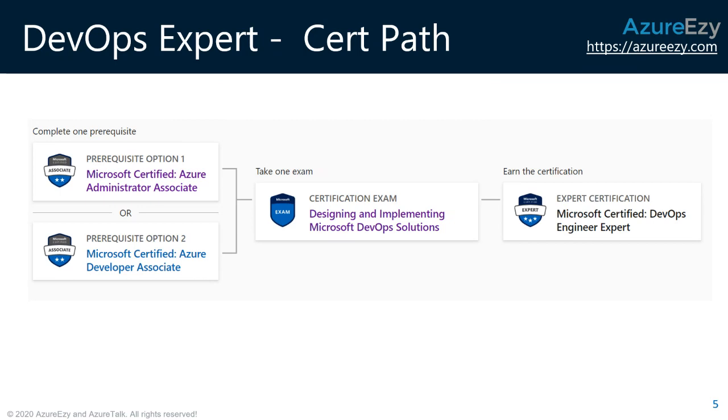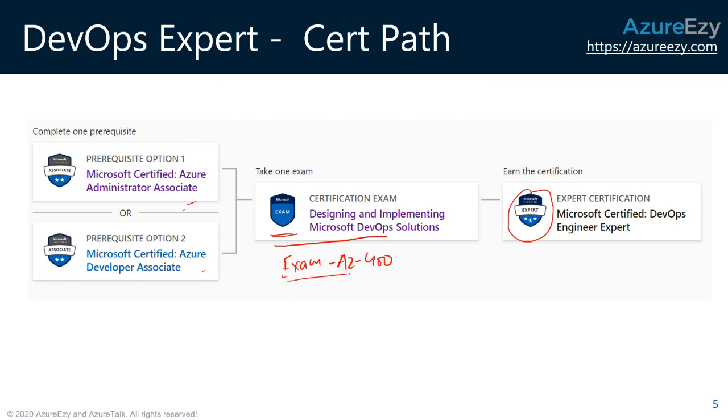Having said that, it is not mandatory to have AZ-104 or 204 before you consider the AZ-400 exam. If you are only looking to pass the AZ-400 exam, you can definitely take it without taking any one of these, but you will not be getting the badge. You'll be just getting the scorecard of this exam.